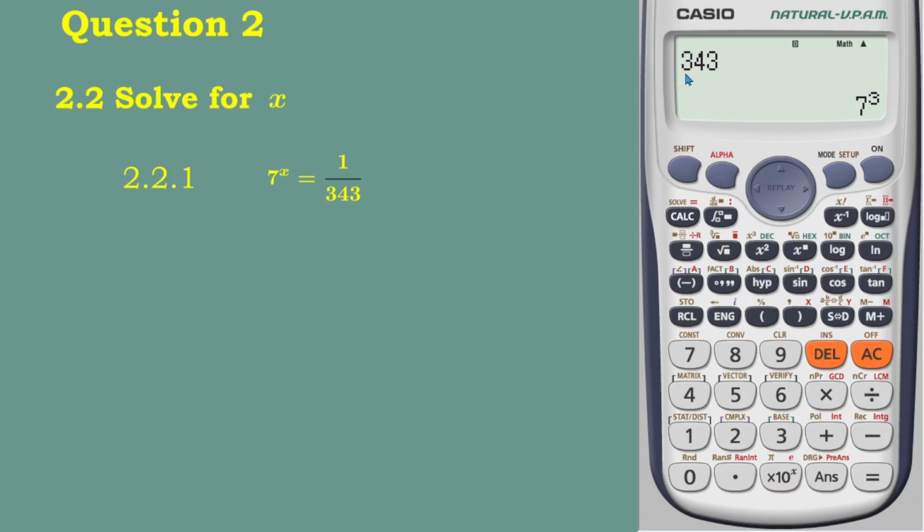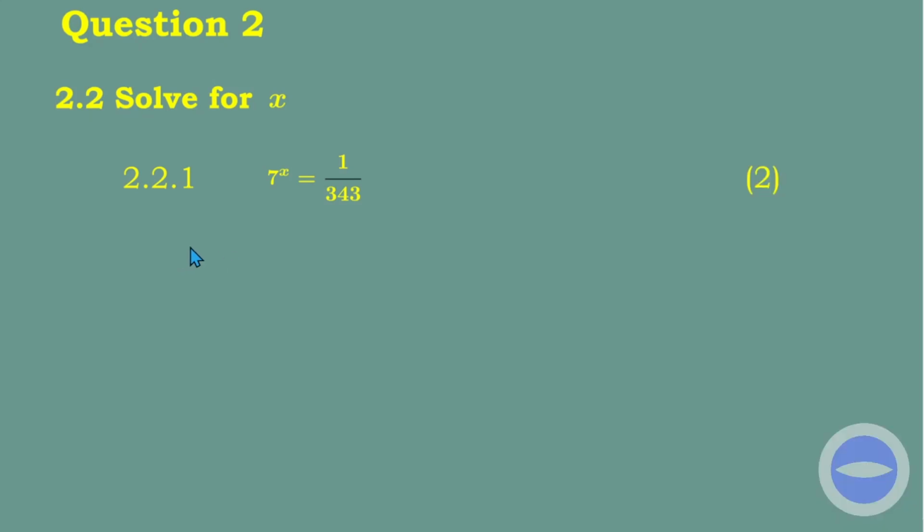Then 343 is the same as 7 cubed. So how did I find it? You punch 343, then you say equal sign, then shift factor, which gives 7 cubed. So then here I have 7 exponent x equals 1 over 7 cubed.